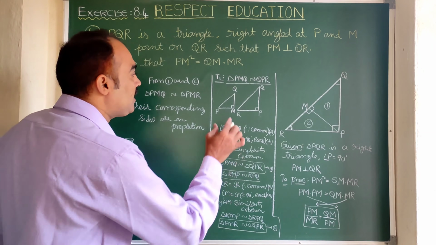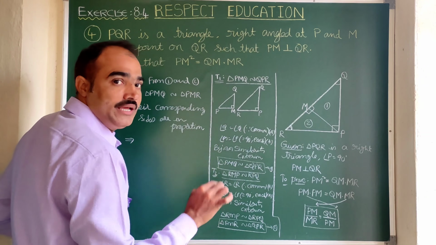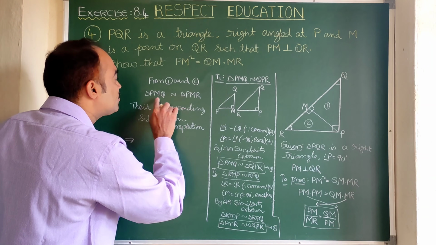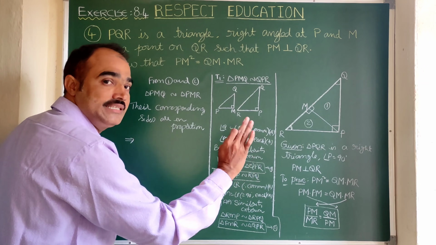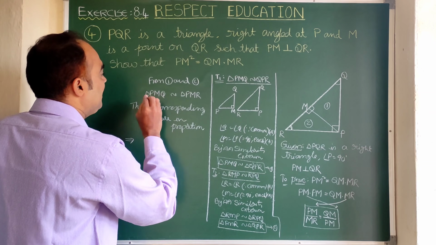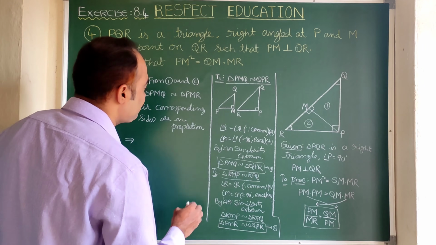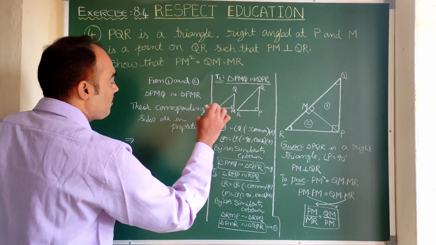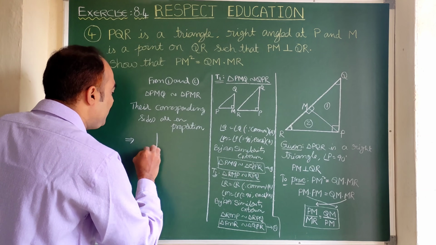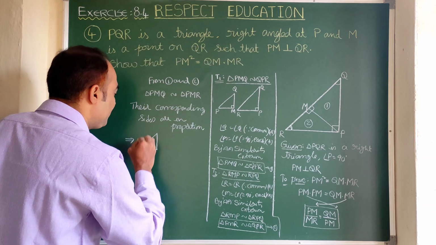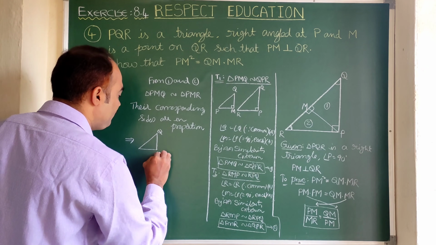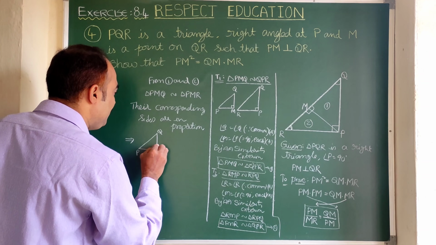If you want, you can draw the triangles and compare them separately. If not, with the labeling also we can do it, if we follow the labeling exactly. See here, let us draw the triangles. First triangle is QMP.